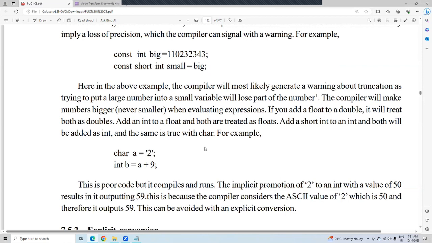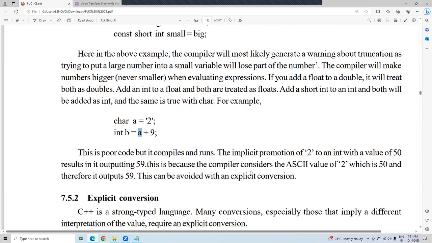This is because it won't consider the value 2 here. The ASCII code of '2' is 50. So a means the ASCII code of the character 2, right? 50 plus 9 is 59.